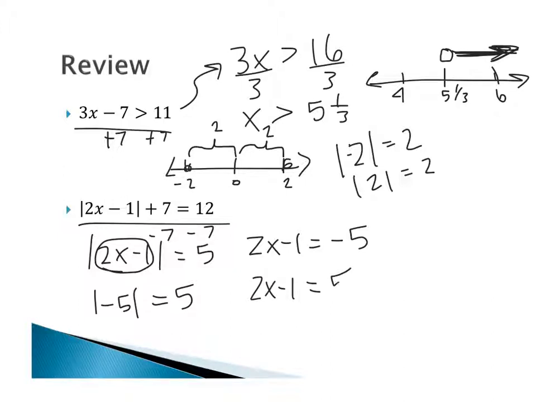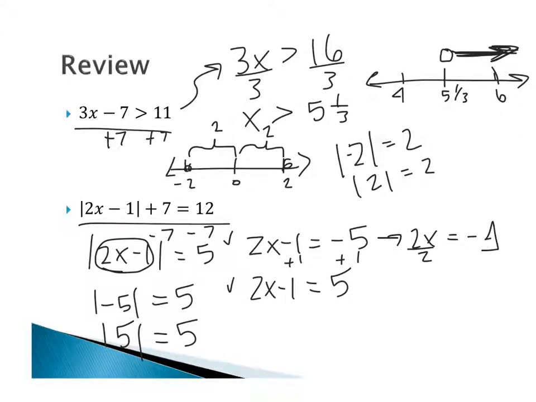So I have these two equations that I need to solve. To do so, I add 1, add 1. That brings this one to 2x equals -4. Divide by 2, we get x equals -2.